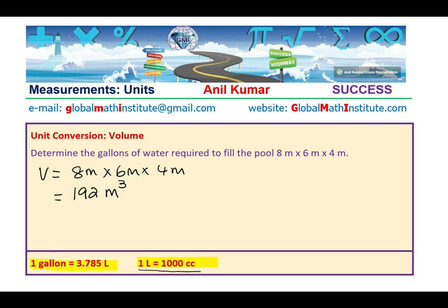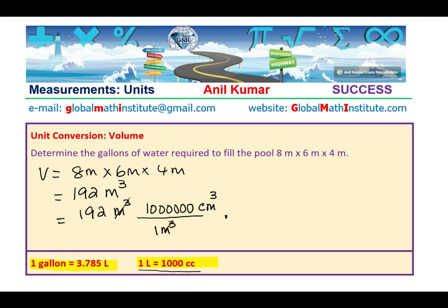So, 1 meter cube is 1 million centimeter cube, right? So we could write this as equal to 192 meter cube. And we know 1 meter cube is, let me write down here, 1 meter cube is 1 million, 1, 2, 3, 4, 5, 6 centimeter cube. You see that? But now we also know that once we do that, we can cancel meter cube, meter cube.